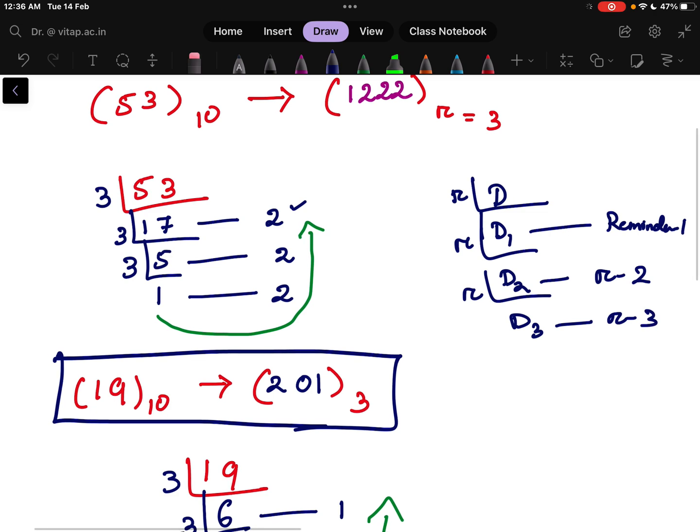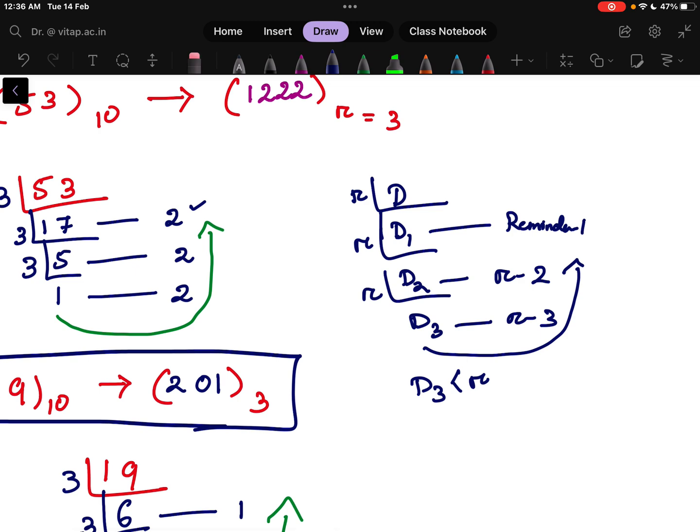Now after some time what will happen? When d3 is less than r, then obviously you cannot divide it further and you have to write the equivalent number in this direction. So what will be the equivalent number? Lastly, if you divide, you can write this as r3 also or d3, whatever you want, sorry, r4.